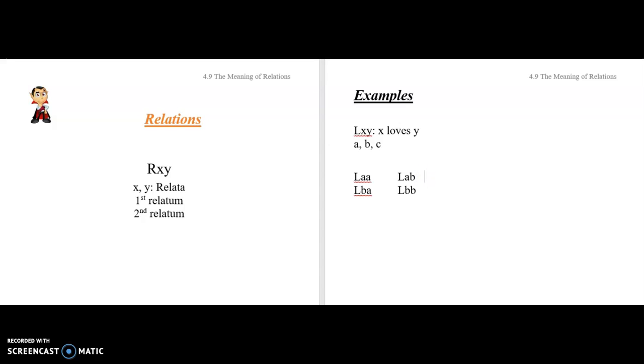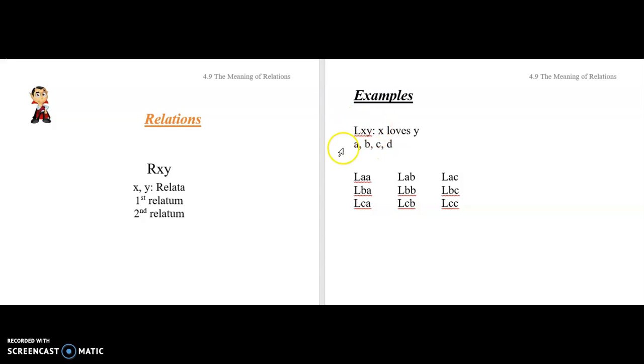Okay, so the way we're going to do this is pretty straightforward. We're just going to add the cases for the C case, and then you're going to have LCA, LCB, and LCC. All right, so in this case, when you have 3, there actually turns out to be 9. What if there were 4, A, B, C, and D?